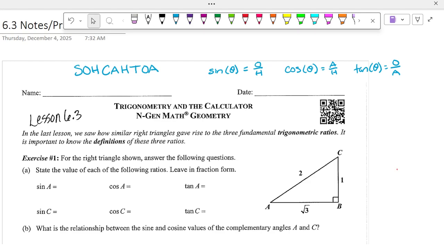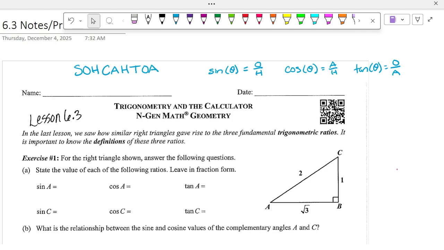And remember, opposite and adjacent is all relative to the what? It's in reference to what? How do I figure out which is my opposite and which is my adjacent? That can change depending on your reference angle.